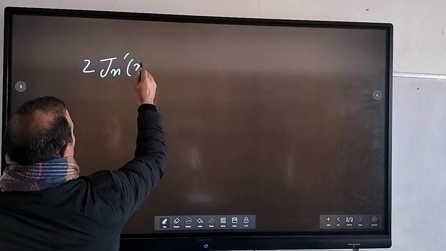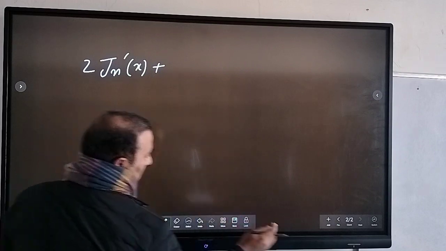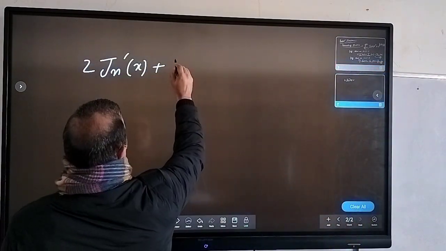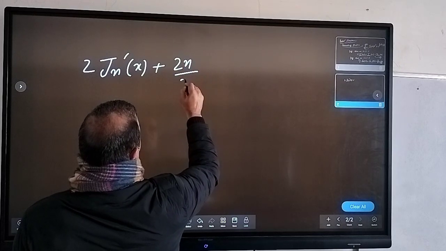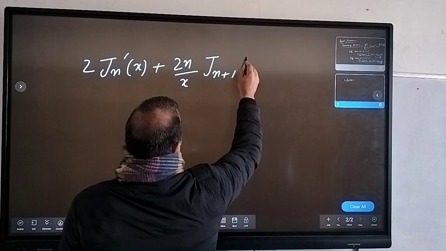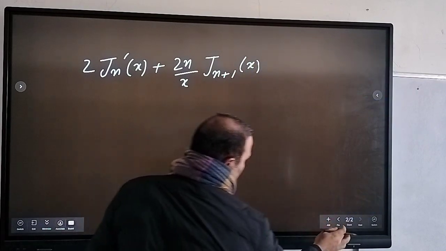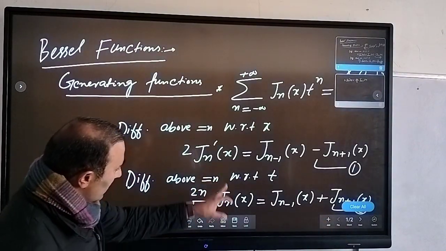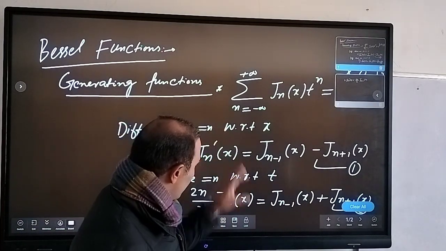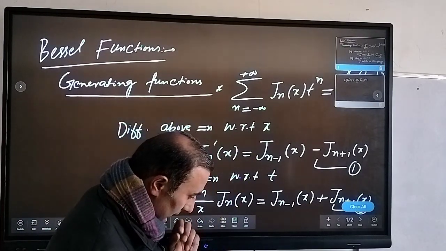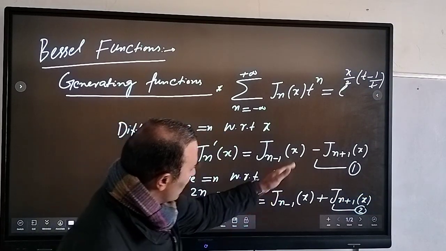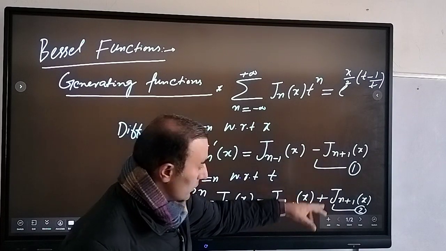J dash of x plus n by x J of x, because I basically added these two relations, so that is twice J dash of x, which comes from differentiating this equation. And second is plus n by x J of x, that will be twice, because you are adding these two equations.